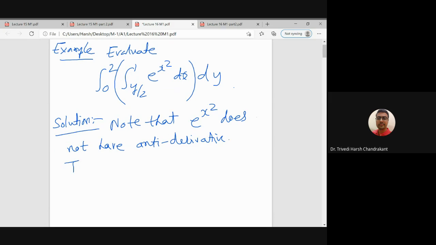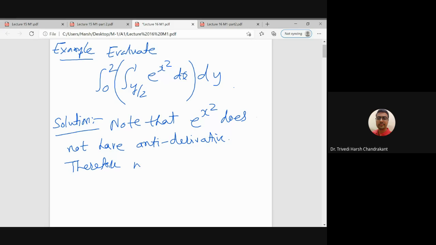So therefore we cannot evaluate this integral directly, because we are not able to integrate this function with respect to the x variable. So what we do is we will change the order of the integral, and we will first integrate this function with respect to y and then with respect to x.